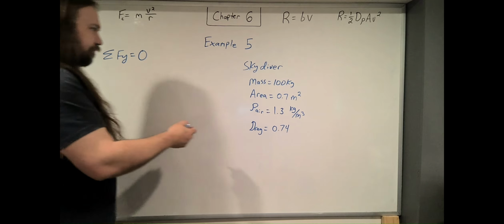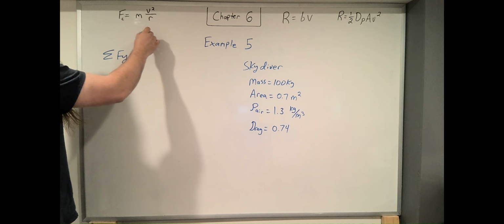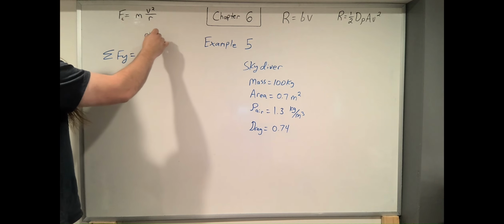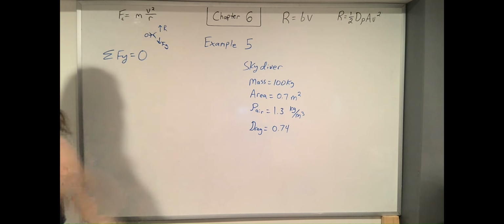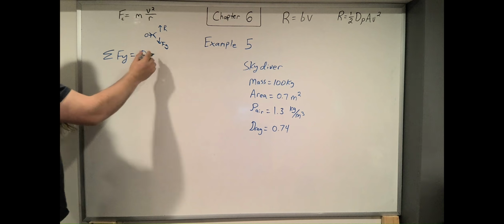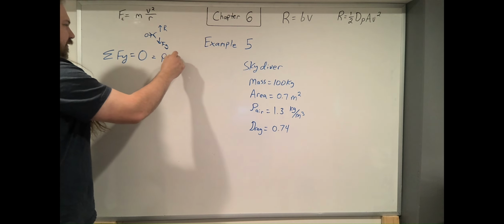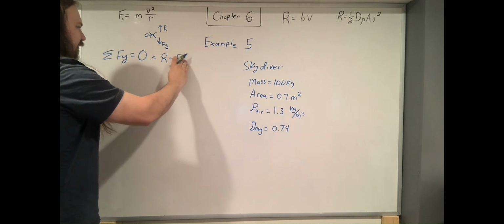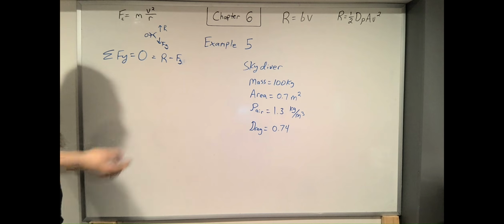When we take our skydiver, we have the force of gravity going down and our resistive force pointing up. They'll both cancel out, which means we're going to have R minus Fg, the force of gravity, so we end up right back at the same equation that we had in the previous example.